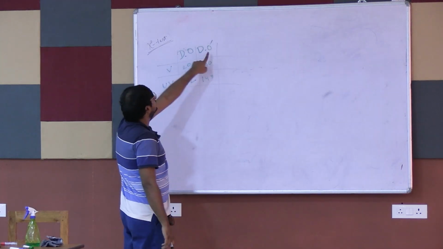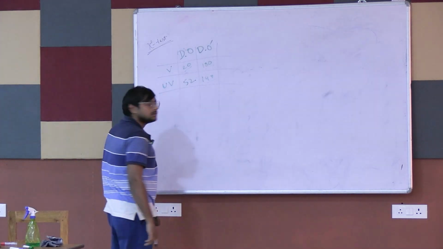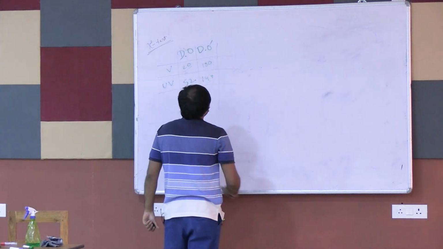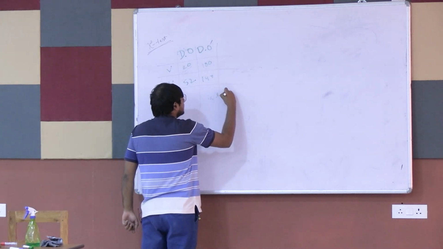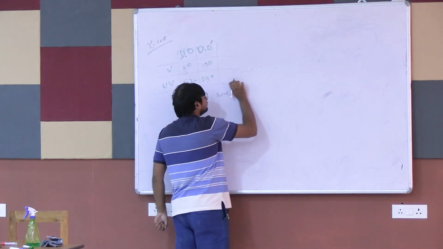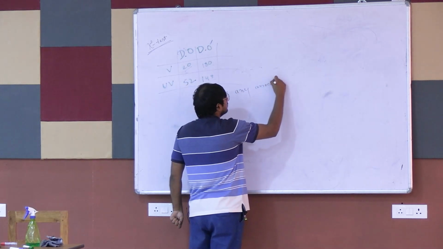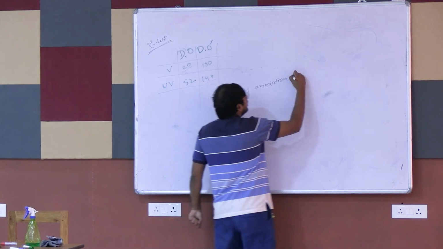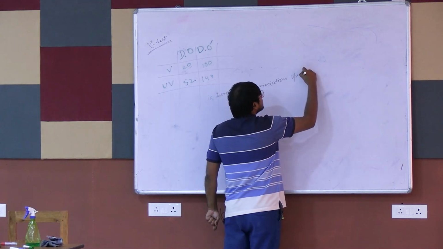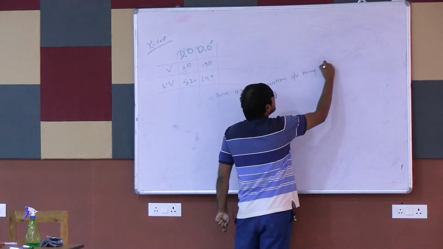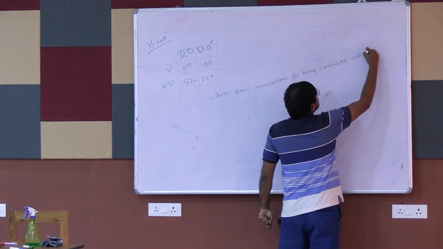This is for disease occurred, this is for disease not occurred. This is for vaccinated, unvaccinated. Understood? So the question was, is there any correlation or is there any association between being vaccinated and having the disease?